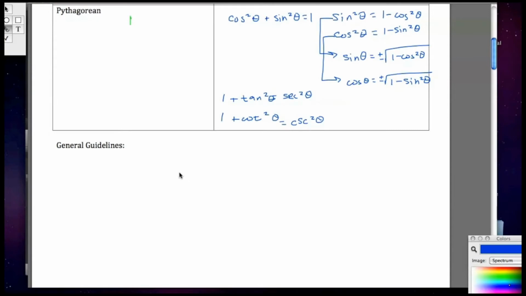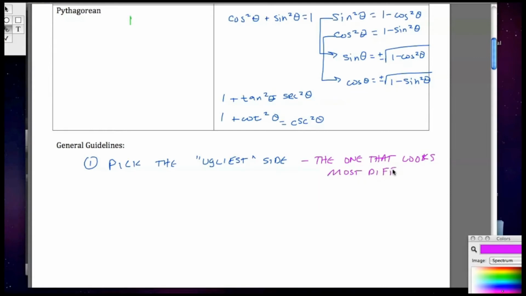General guidelines for doing these trig proofs. Well, number one, we are going to pick the ugliest side. And what that is going to generally mean is the one that looks hardest, or most difficult. Okay?